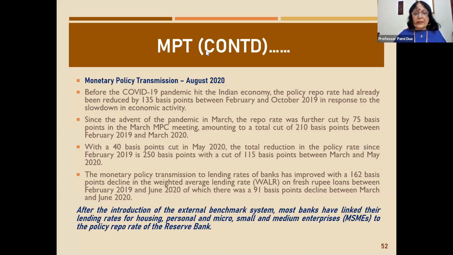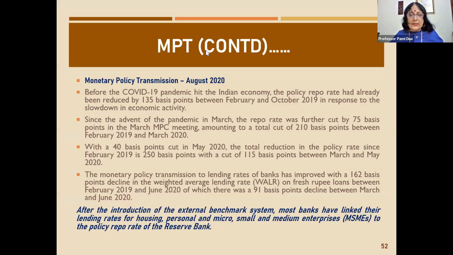And then again in May, with the focus to give an impetus to the economy, we cut the interest rates again by 40 basis points. And this gave us a total cut from February 2019 to May of 250 basis points. But in the post-pandemic period, between March and May, we have cut rates by 115 basis points. So monetary policy has been responding to this pandemic.